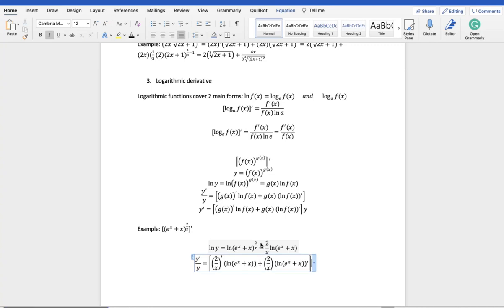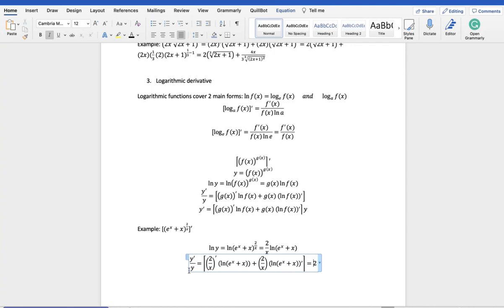And that will just be equal to the derivative of 2 over x. Since 2 is a constant, you can just take it out of that derivative. So you're left with the derivative of 1 over x, which if you solve it, you'll see that it's just equal to negative 1 over x squared, right?